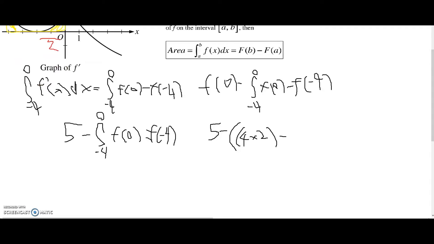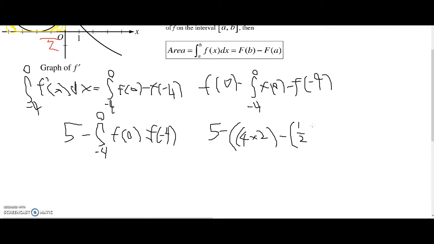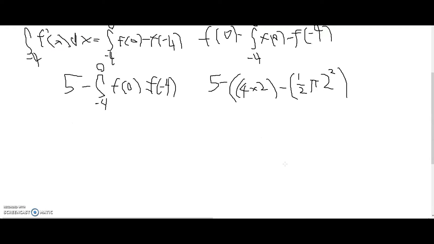So we would get 1/2 pi r squared. So that gives us 5 minus 8 minus 2 pi. So the answer would be 2 pi minus 3.